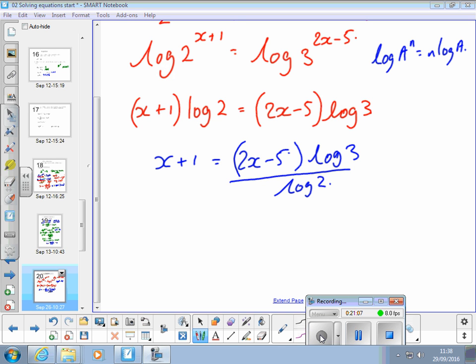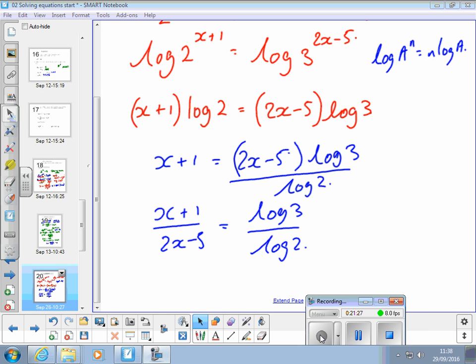So you got x plus 1 over 2x minus 5 is equal to the log of 3 over the log of 2.